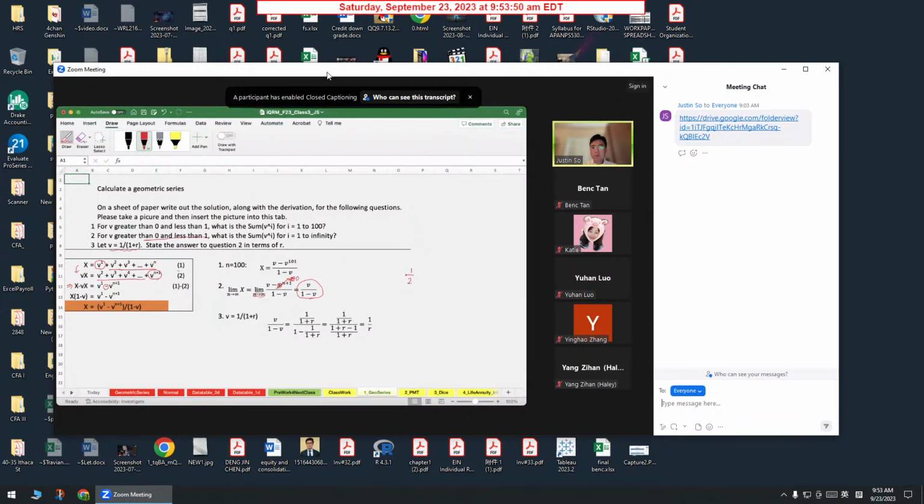One over 2, if you take a square, is what? 1 over 4. Cubed, 1 over 8. Use just 1 million. How much would that be? This is not easy to see. Let's see. I will show you.